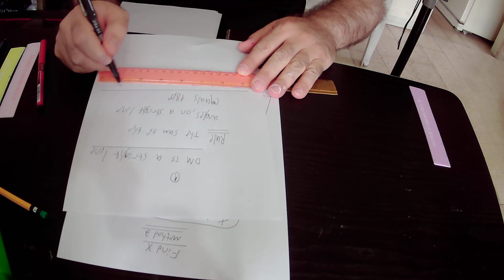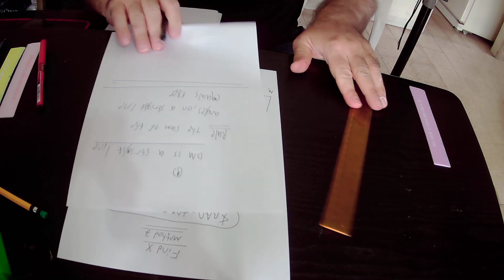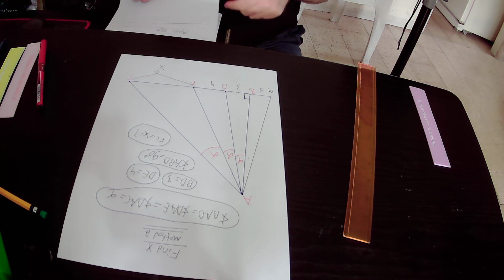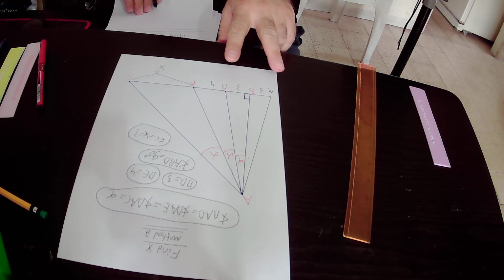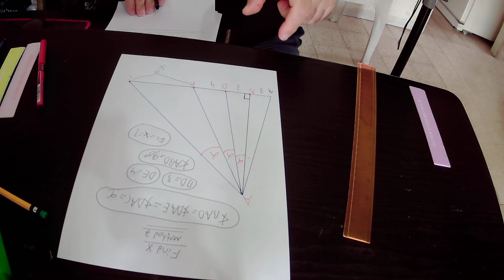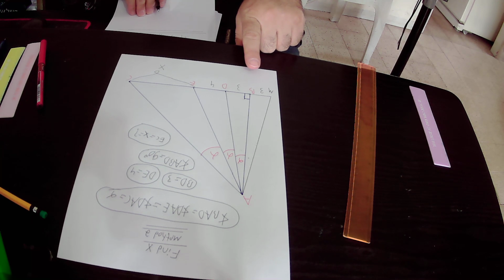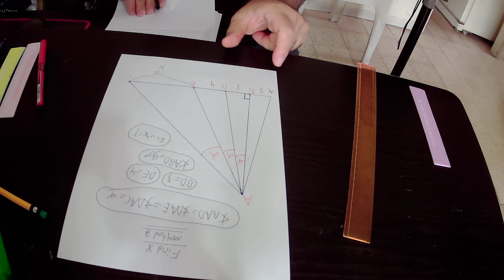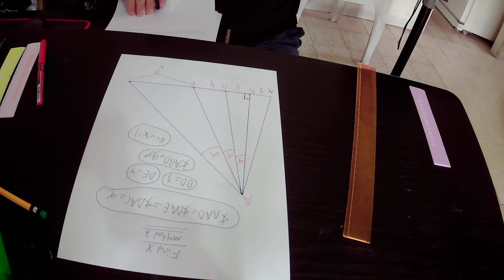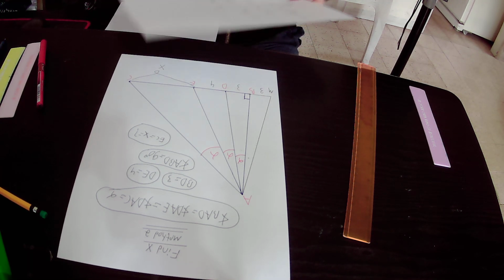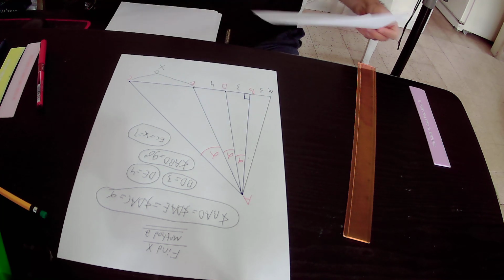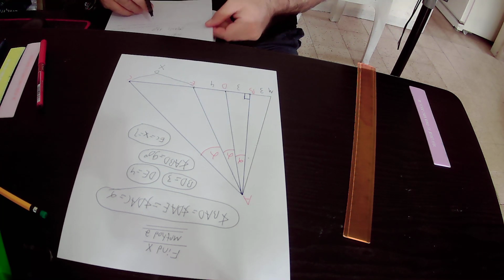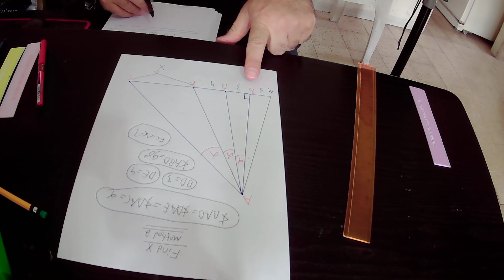So we know that DM is a straight line. Therefore, the sum of the angles on the straight line DM equals 180 degrees. We will focus on point B. The sum of the angles at point B on the straight line DM equals 180 degrees according to this rule. So what do we have at point B? At point B we have 90 degrees.